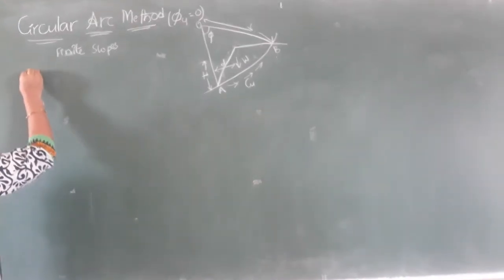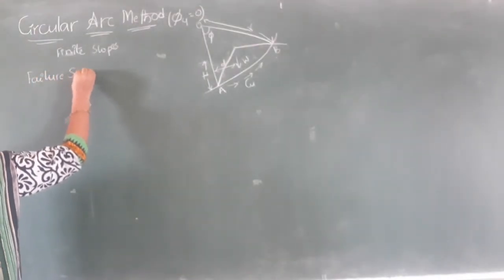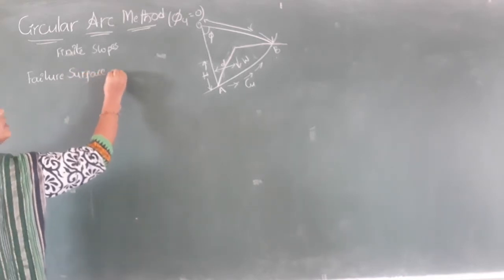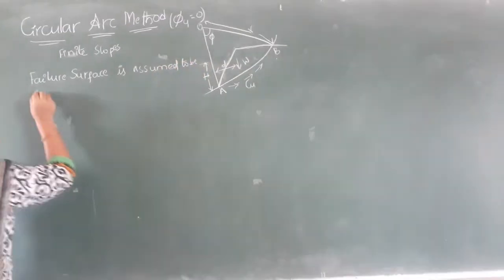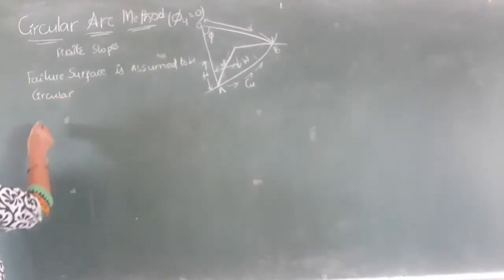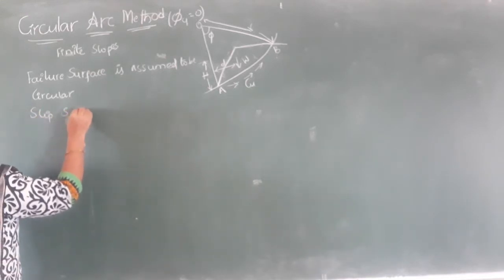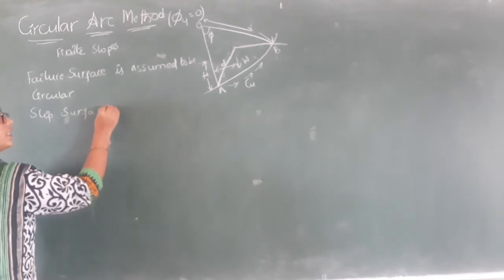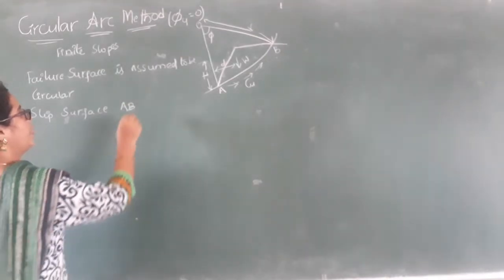The failure surface or the slip surface is assumed to be circular. So AB is the slip surface, or circular arc we can say.